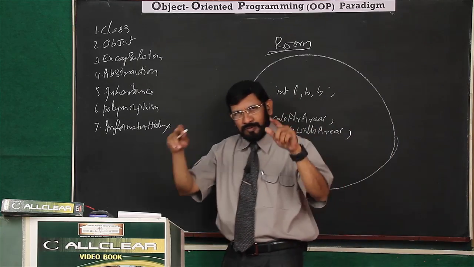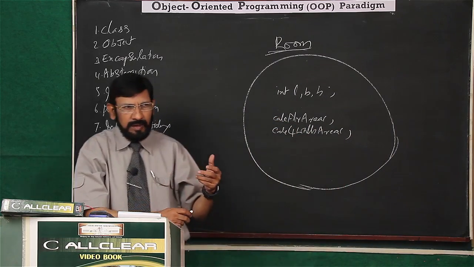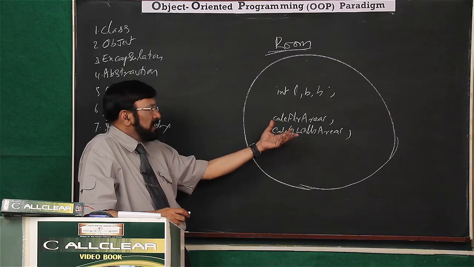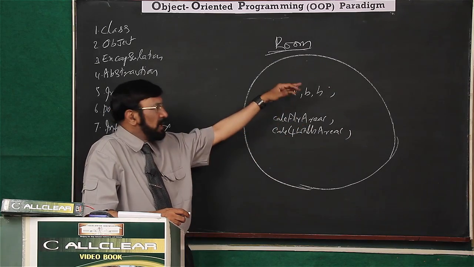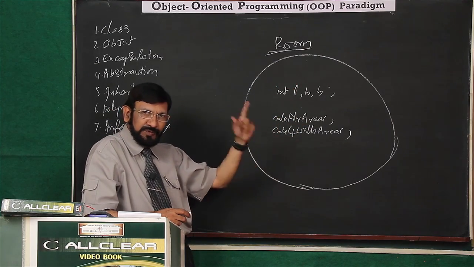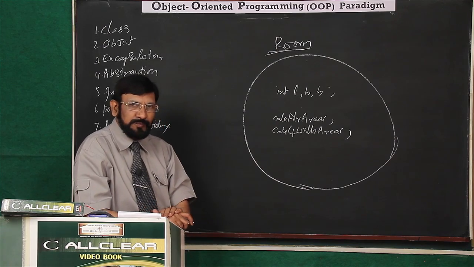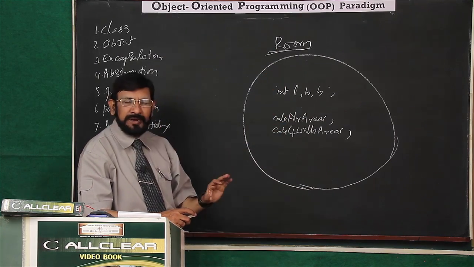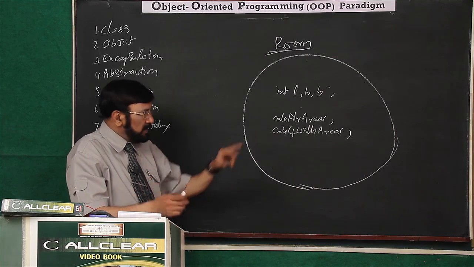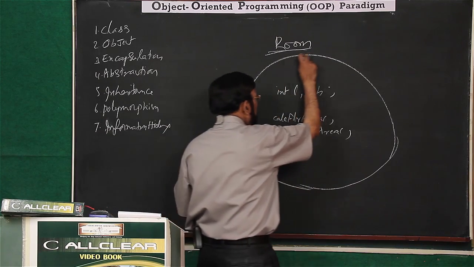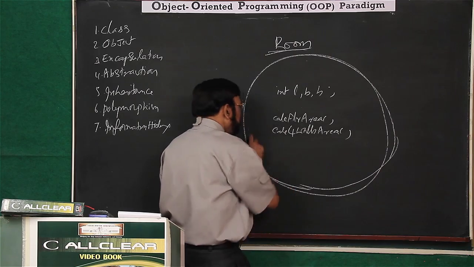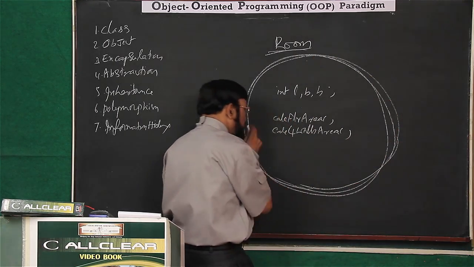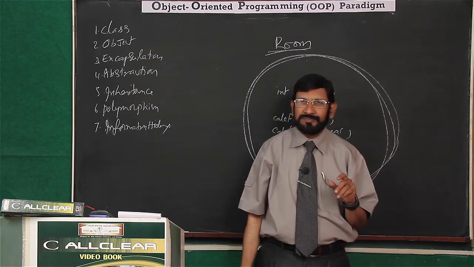Encapsulation means you have to understand it as an integration of data and functions. This was not there in a FOP program. In a C program, data is separated and the functions are separate. So here both are integrated, both are packaged like this. This process is called encapsulation.